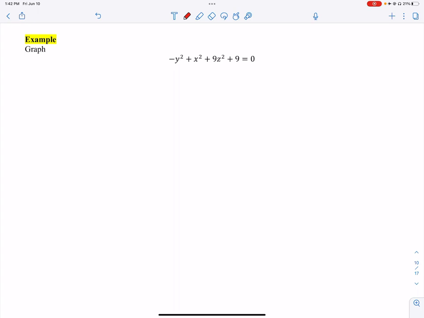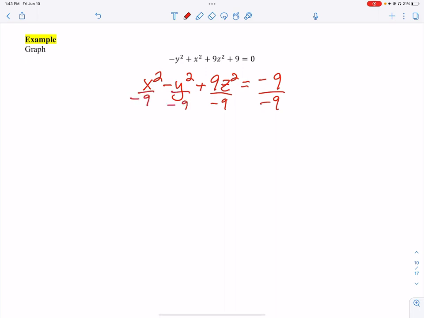Okay, so first thing I'm going to do is I'm going to flop things around. I like the X to be up front. And then I'm also going to move that 9 over. All right, so from there, I would really like a positive 1 on the right, so I'm going to divide everything by negative 9.